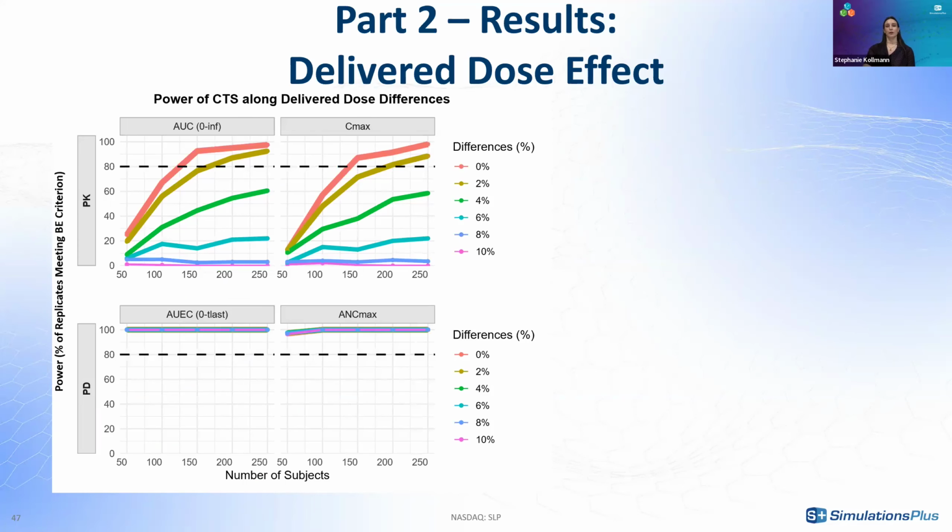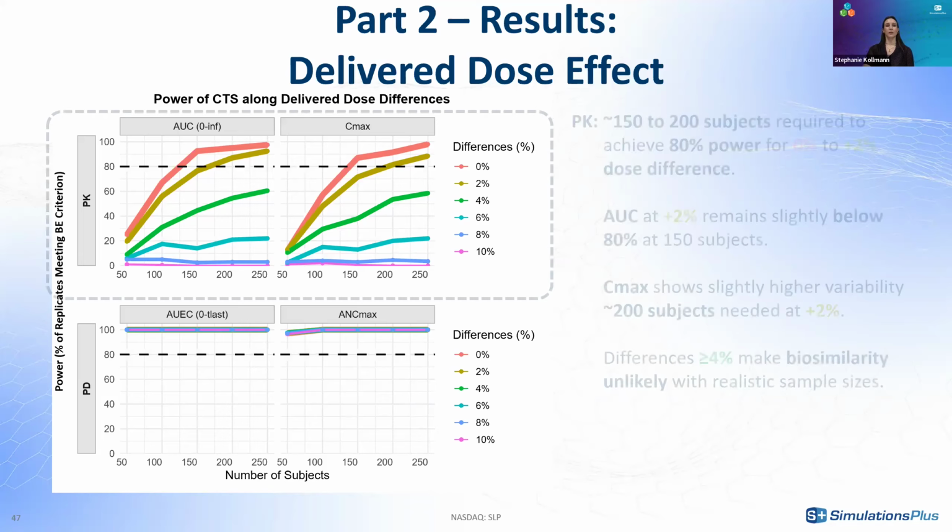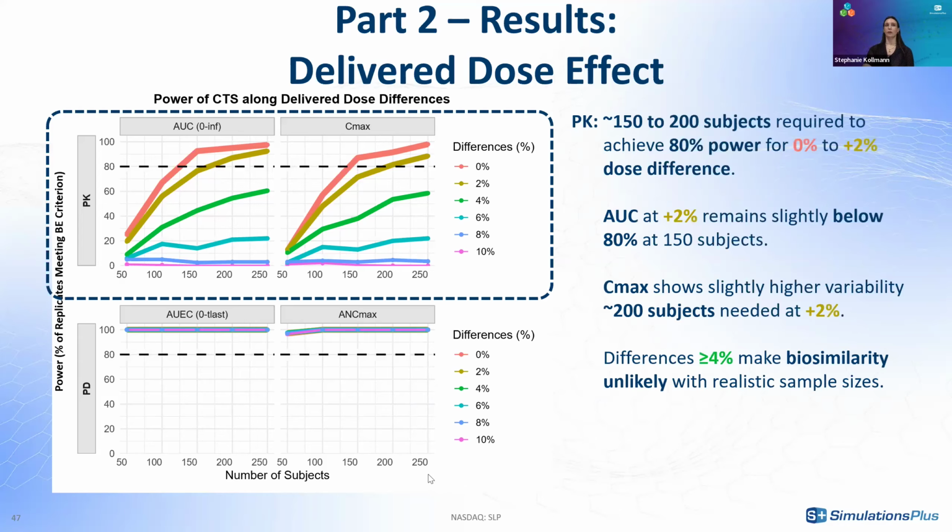So we'll start with the interpretation of delivered dose difference results, where we examined how small variations up to plus or minus 10% impact the ability to demonstrate PK and PD bioequivalence. For the PK endpoints, both AUC and Cmax reach 80% power with 150 to 200 subjects when dose delivery differs by up to 2%.